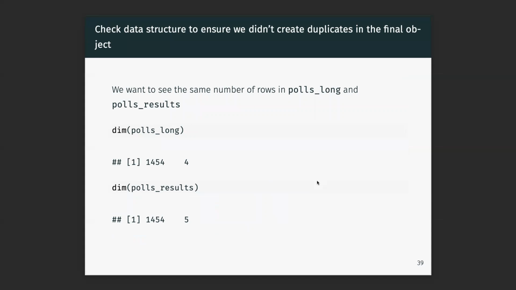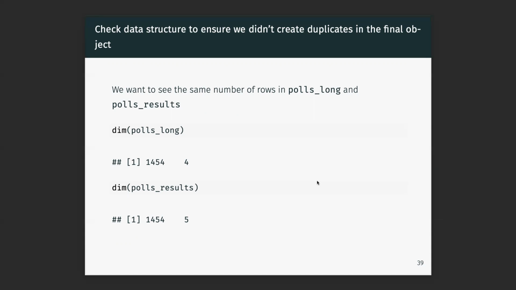Now, what we do want to check after we do our joins, because if we have redundant values on some things, we may end up with different dimensions in our resulting object if we have multiple matches. So in this case, we want to use the dim function to confirm that all we've done is add a column, right? So dim tells us the number of rows and number of columns for dimensions.